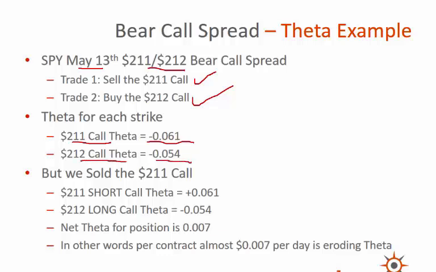Remember though, as part of the bear call spread, you're selling one of the call options, so now that theta becomes a positive. The 211 short call theta now becomes positive 0.061 and the 212 long call theta stays as a negative of minus 0.054. So the net theta for the overall bear call spread on this particular example is 0.007.